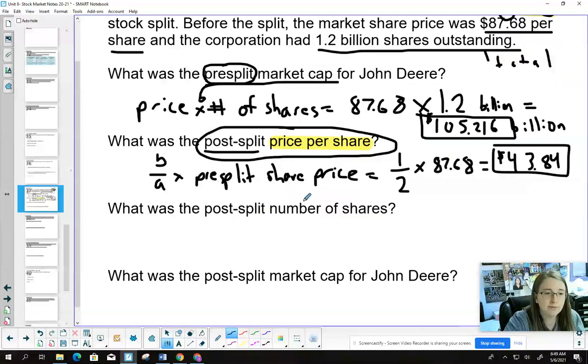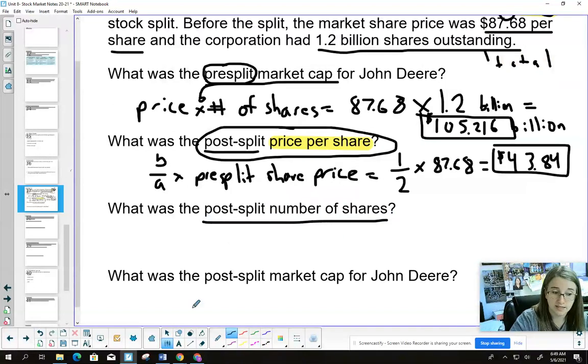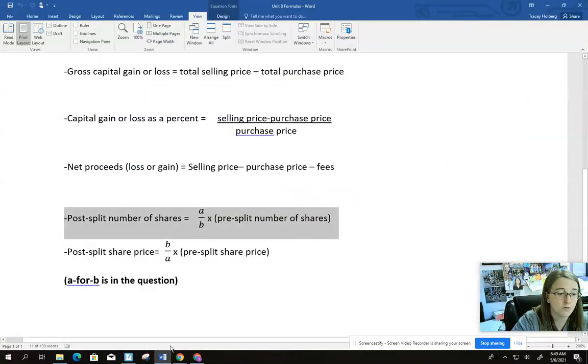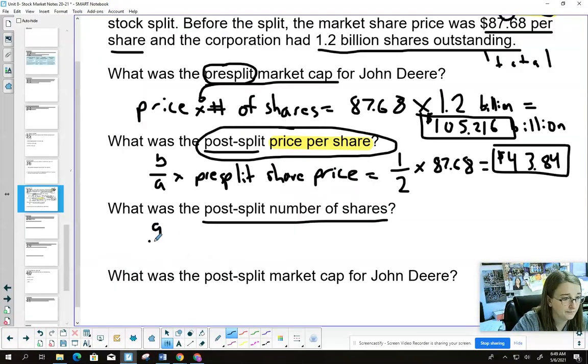Now, what happens, though, with the number of shares is the opposite. Notice that the number of shares formula is A over B. So I'm going to copy that. Times the pre-split number of shares.